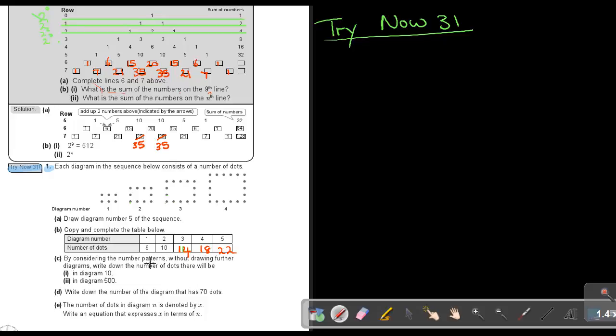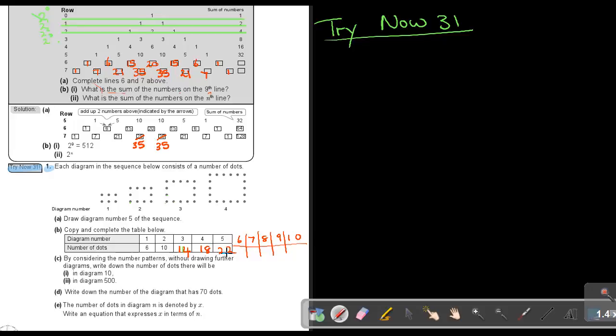By considering number patterns without drawing further diagrams, find the number of dots in diagram 10. If it's difficult for you to see the formula, we will look at it, then just continue this.